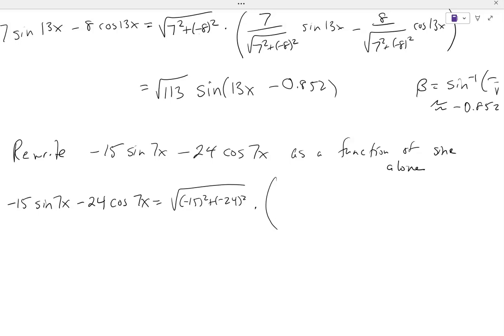Negative 15 over just the root of negative 15 squared, and then that's times the sine 7x.